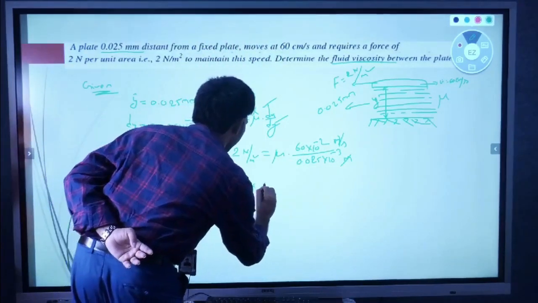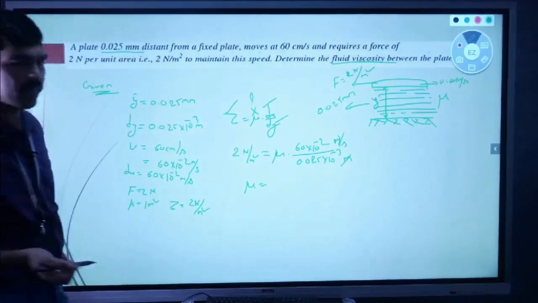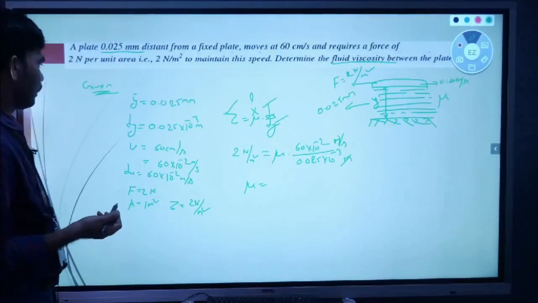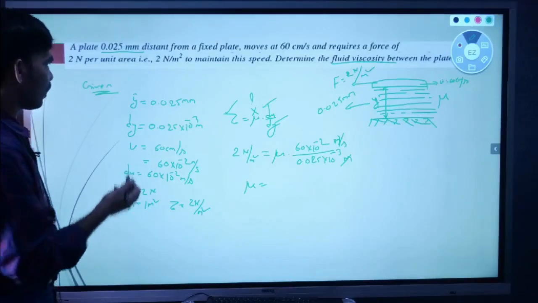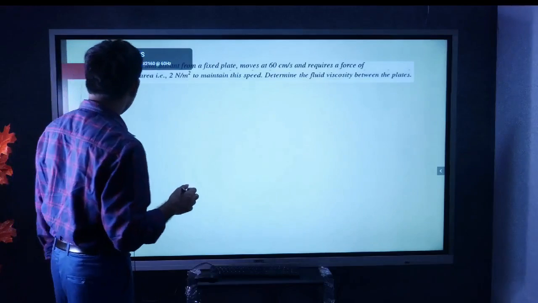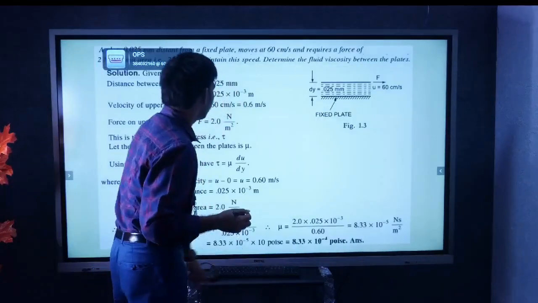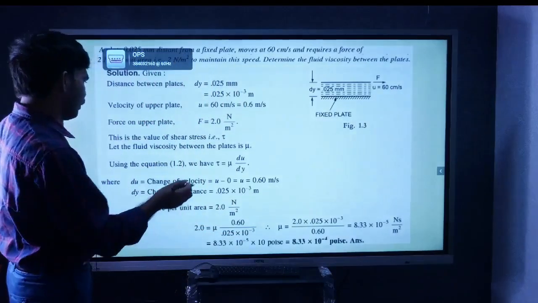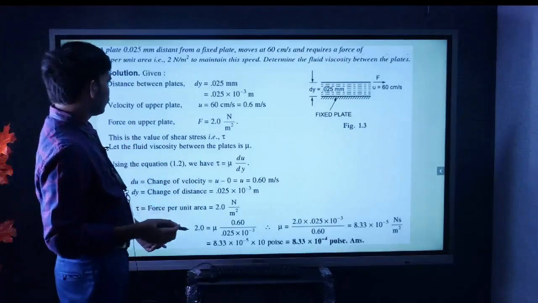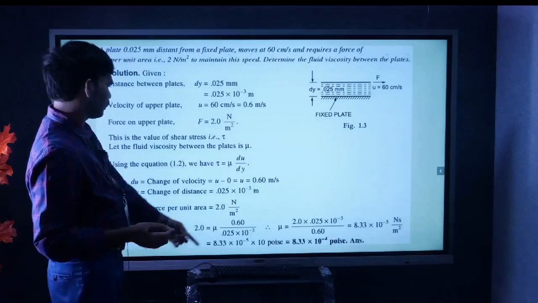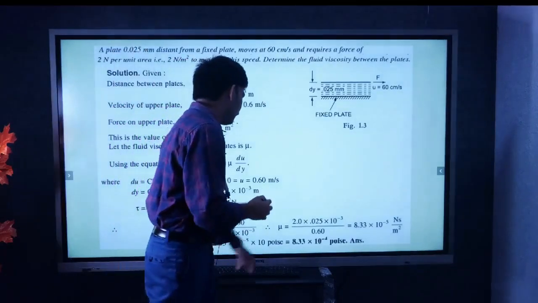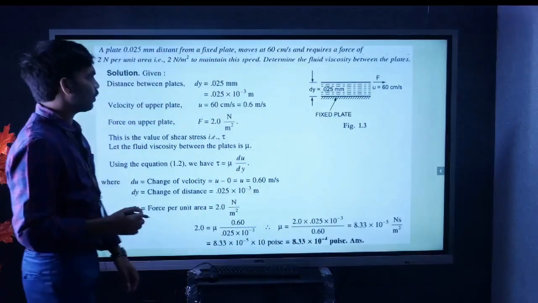If you solve this you will get the dynamic viscosity. Clear? Now the final answer, you will get how much? So you will get 8.33 into 10 to the power of minus 4 poise.